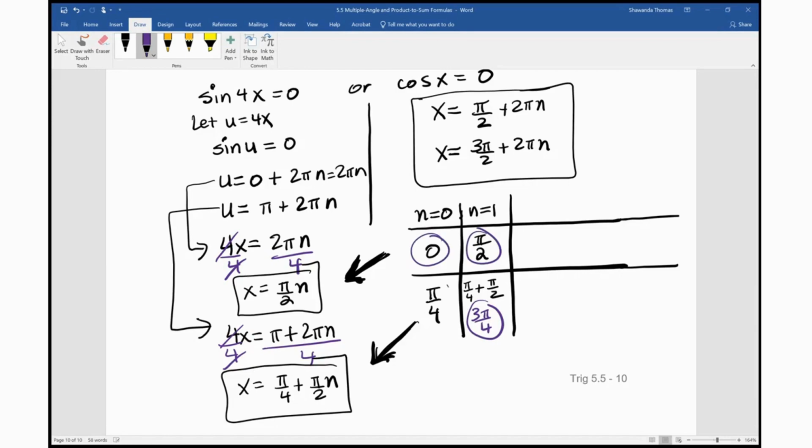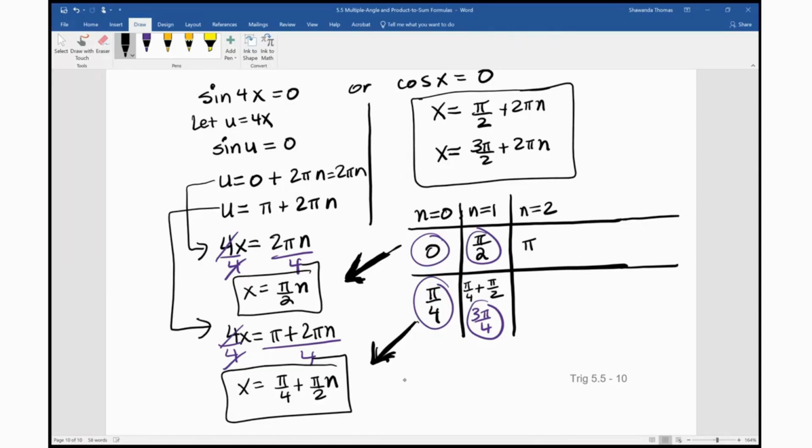All right, let's do a couple more. If n was 2, for this one, pi over 2 times 2 would be, see how good y'all are with fractions. Pi over 2 times 2. Pi.